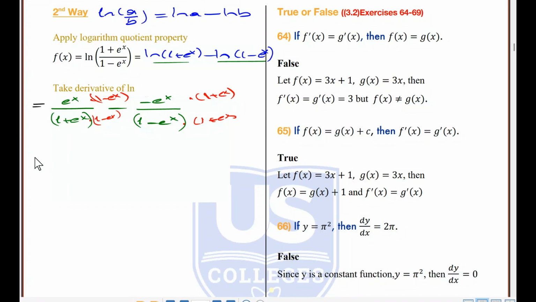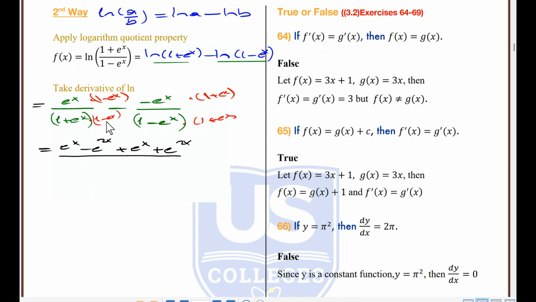So it becomes e to the x times 1, e to the x, minus e to the 2x. You have the same base, you add exponents, remember. Minus minus makes plus e to the x, plus e to the 2x, all over the common denominator.